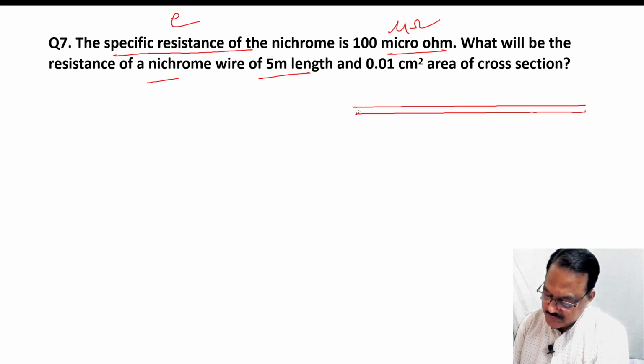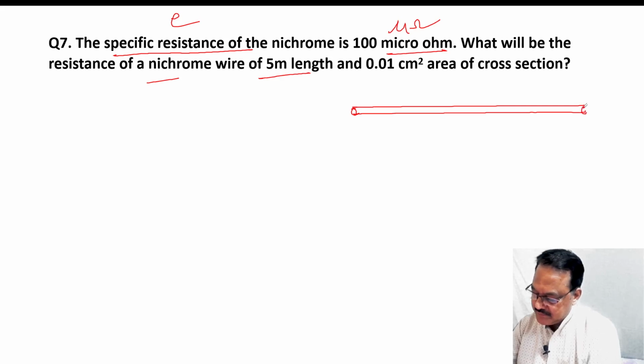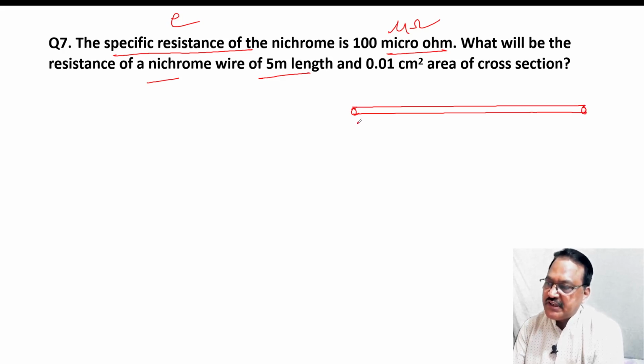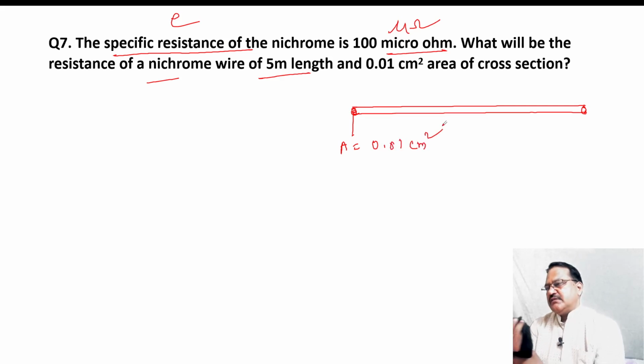We'll see the cross section area is how much? Here it is given cross section area. Cross section area is given here in centimeter square. This one means A. This area is given A. How much? 0.01 centimeter square is given.